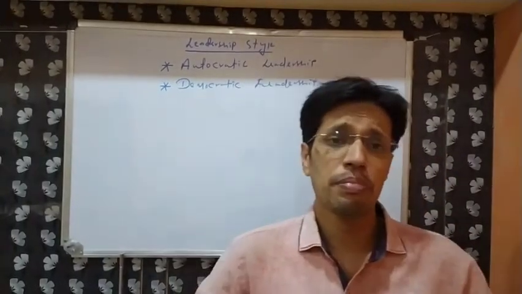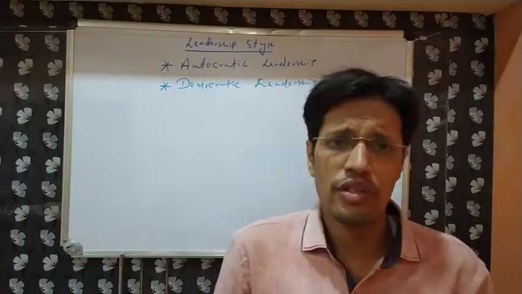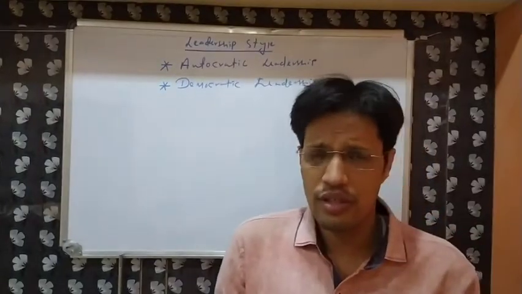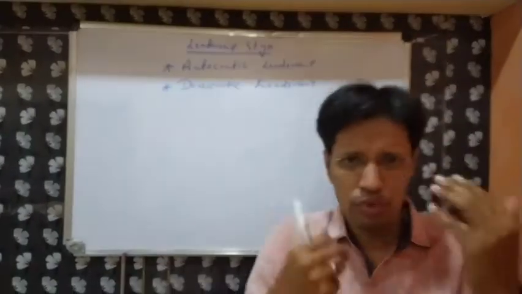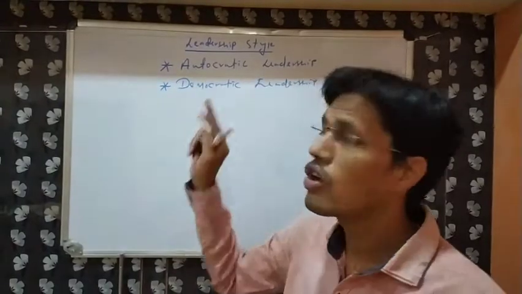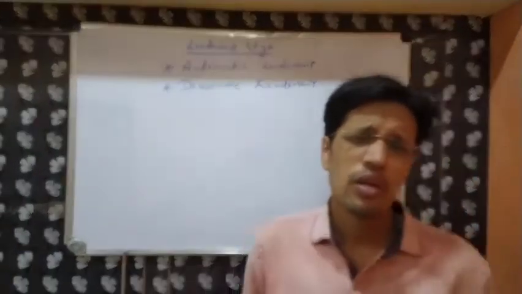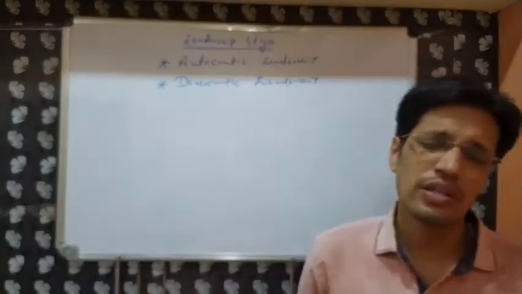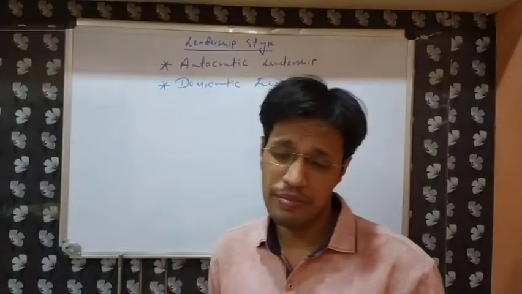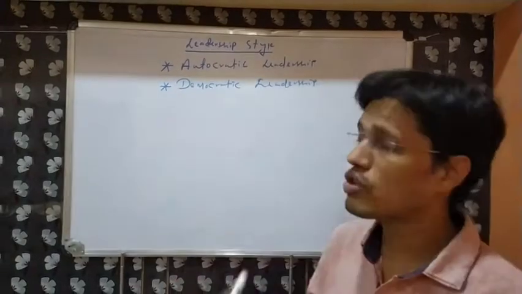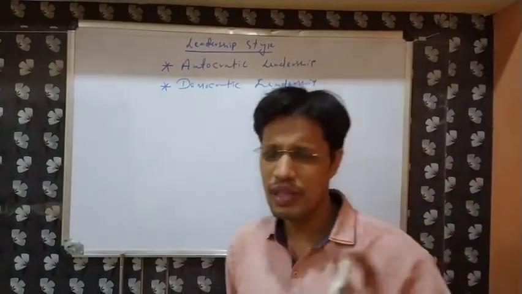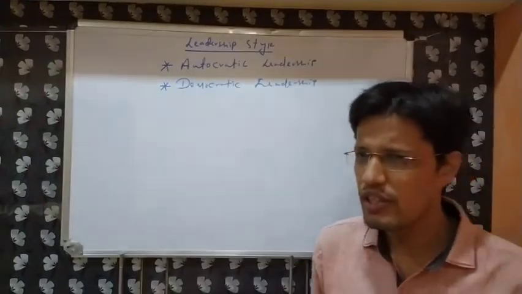Tyrant means one man army, one man industry. Tyrant approach usually the leader shows. In case of autocrat, I discussed in detail. I don't want to revise it in detail again.